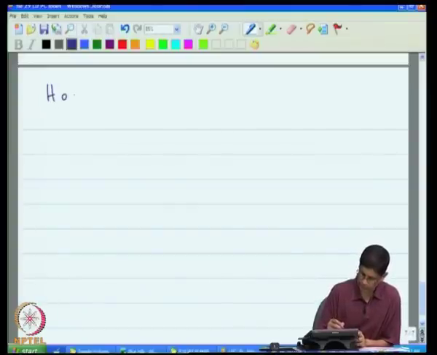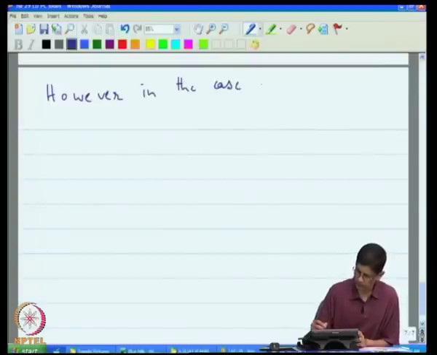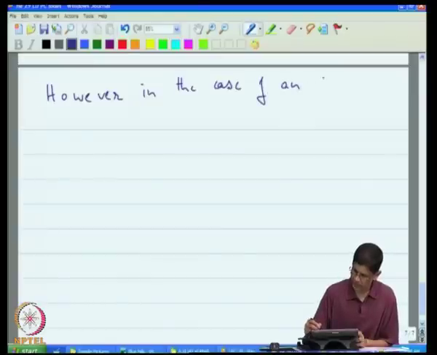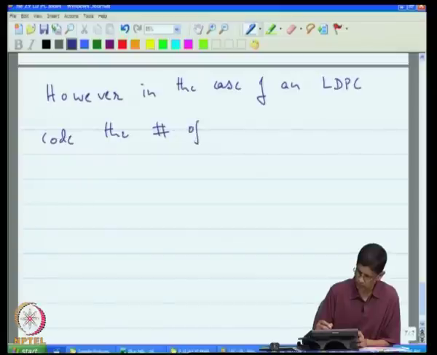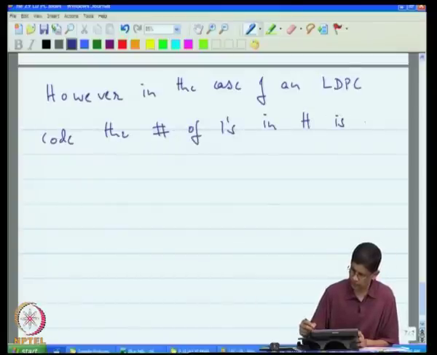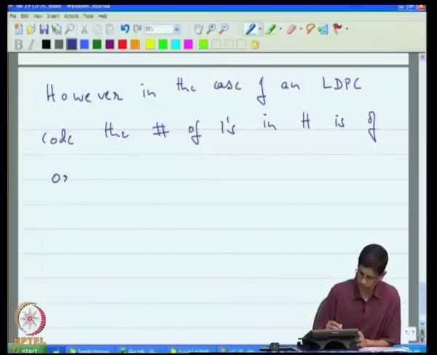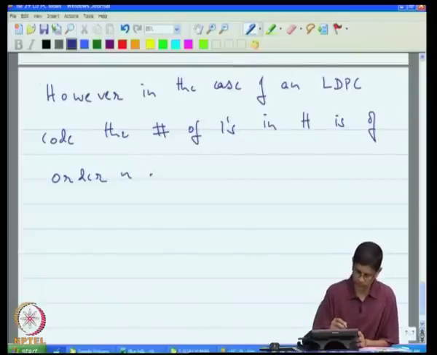So, however, in the case of an LDPC code, the number of ones in H is of order n. Okay, so, that is one difference.